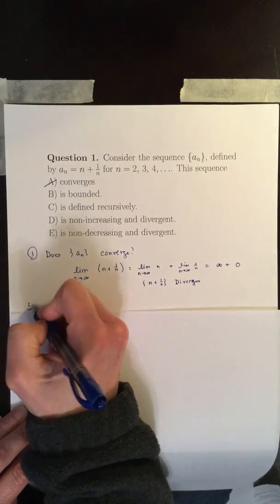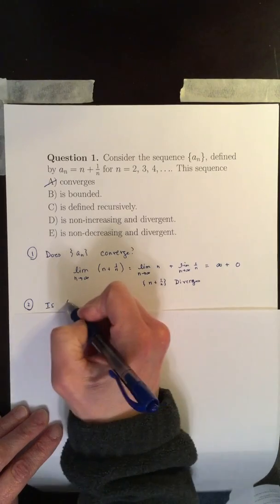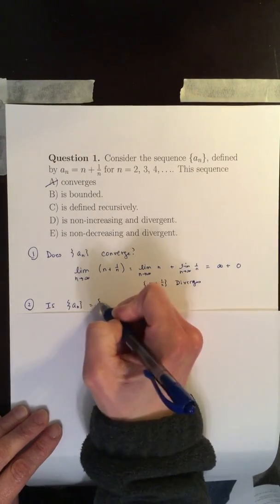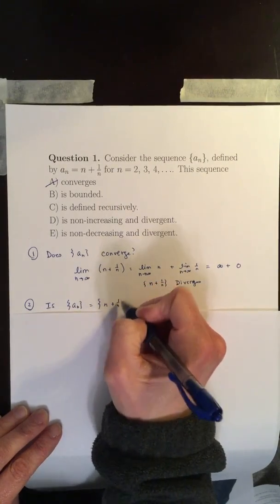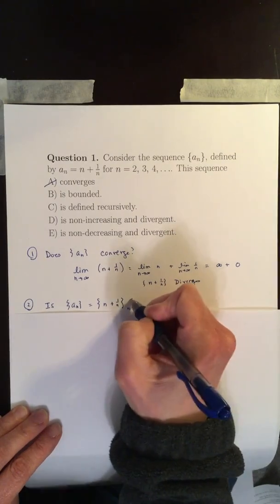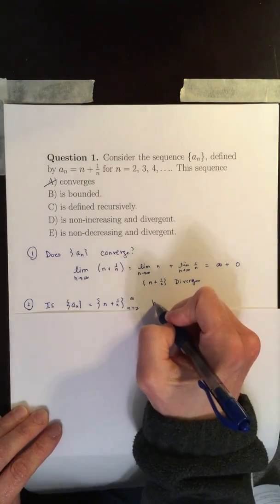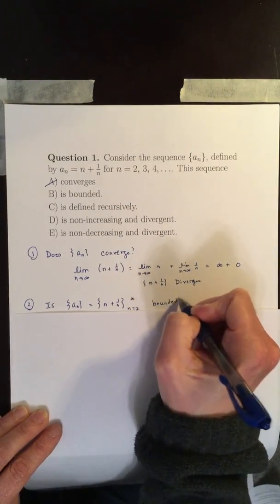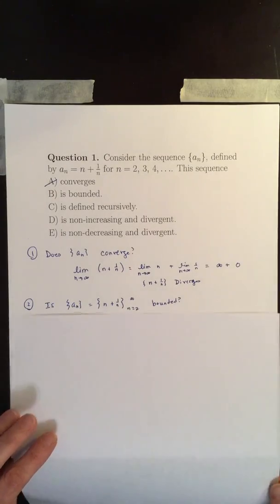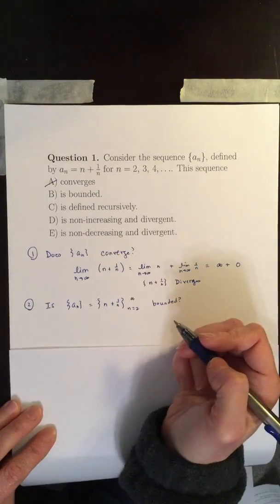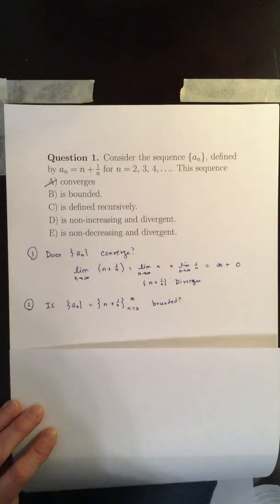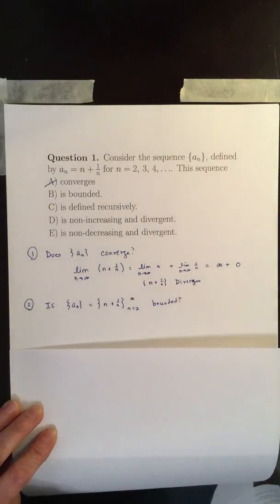We can also ask, is the sequence n plus 1 over n, as n goes from 2 to infinity, bounded? Can I specify some number, any number, and does the sequence eventually get larger than that?